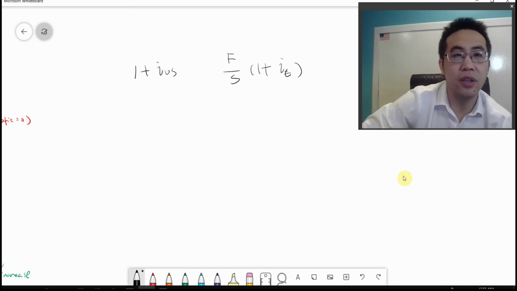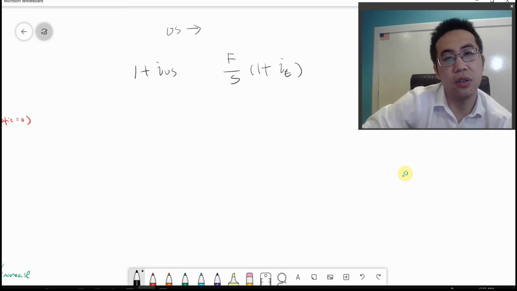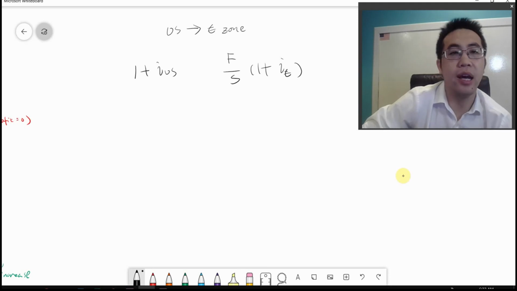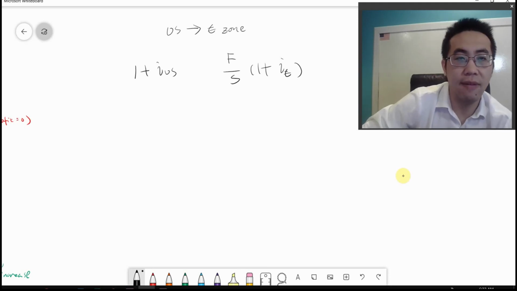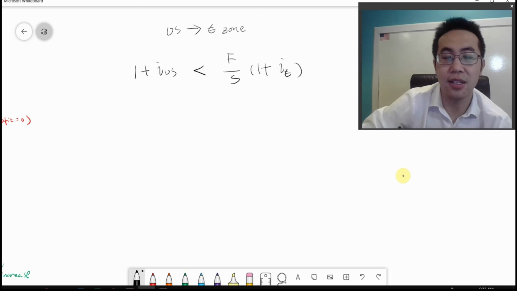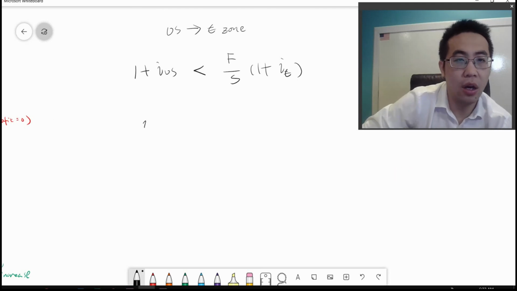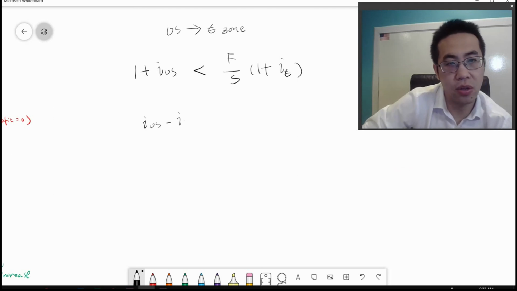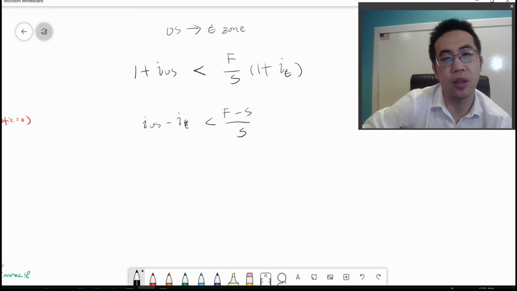Okay. So if U.S. money is going to the eurozone, that basically means the left-hand side is less than the right-hand side. Or the U.S. interest minus euro interest is less than the forward premium.